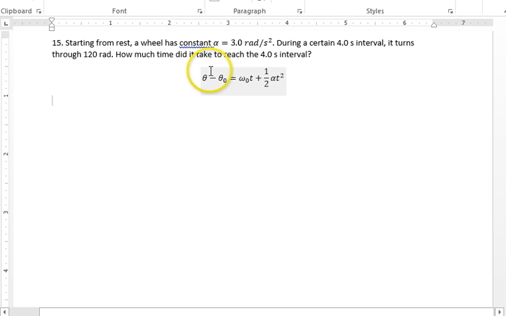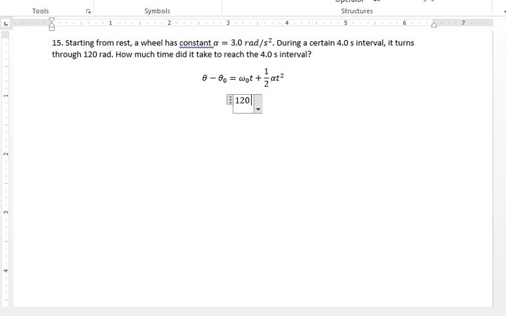So this theta naught corresponds to the beginning of the 4-second interval, and this omega naught corresponds to the beginning of the 4-second interval. Why do we do this? Well, we have a few too many unknowns, but we do know theta minus theta naught is 120 radians. And we do know that the time interval we're interested in is 4 seconds.